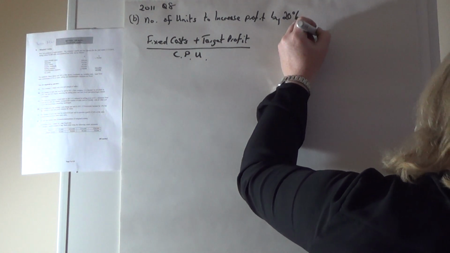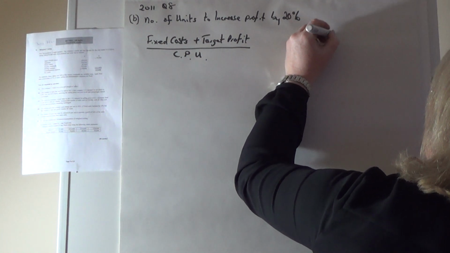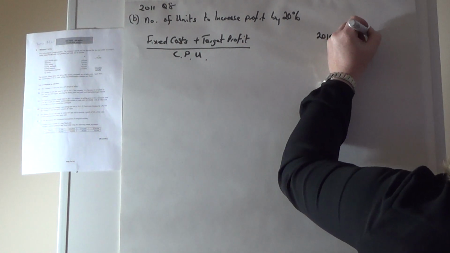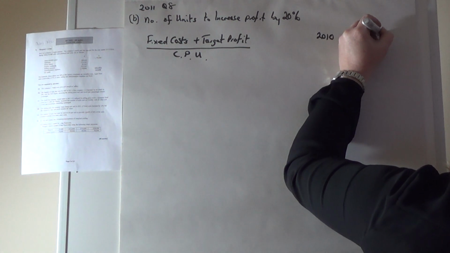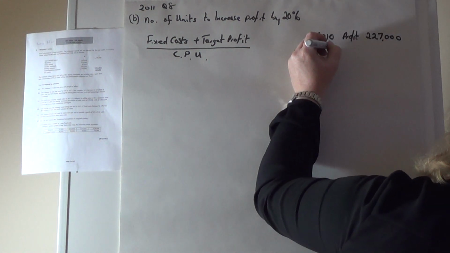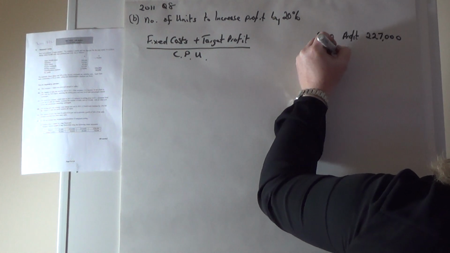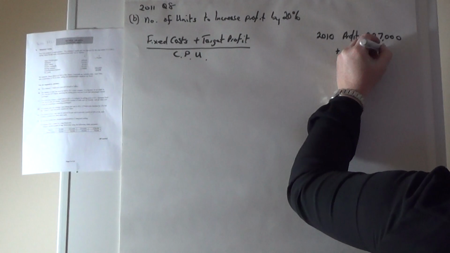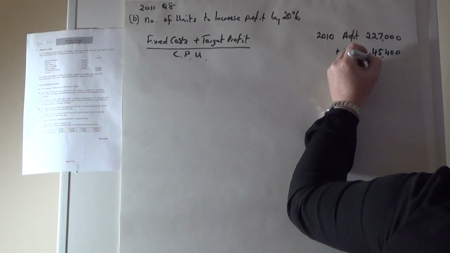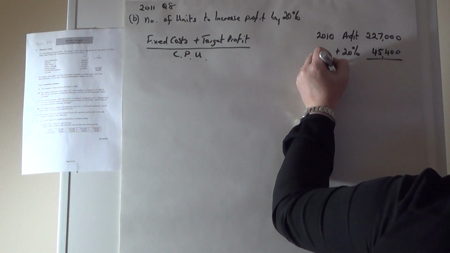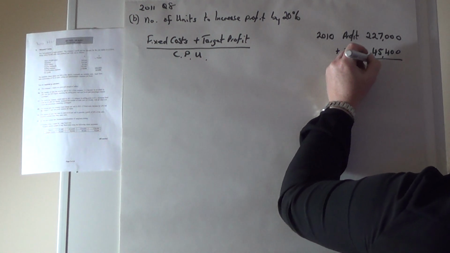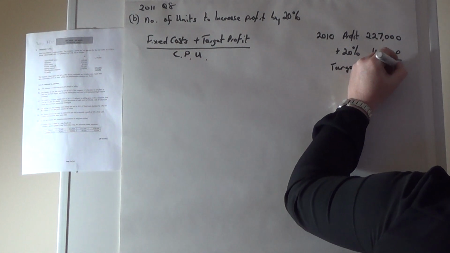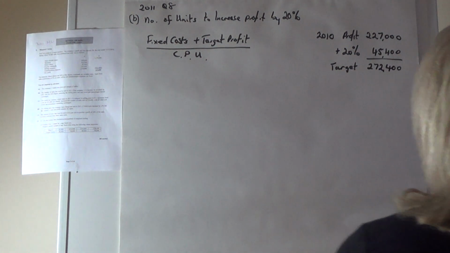So our profit then for 2010, we just calculated it there in part A at 227,000, and we're looking to increase that by 20%. So 20% of that is 45,400, so just run that up in your calculator. So in other words, our target then would be those two together, 272,400. So that's our targeted profit.